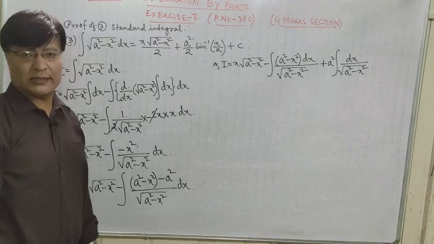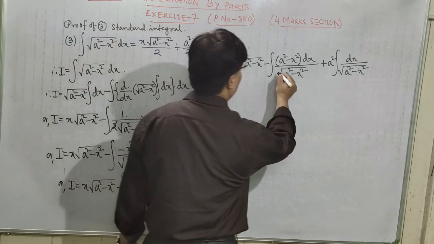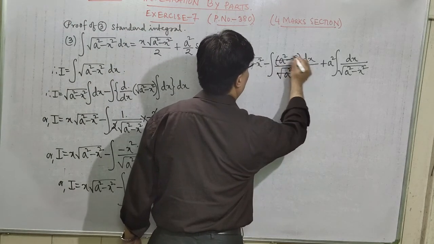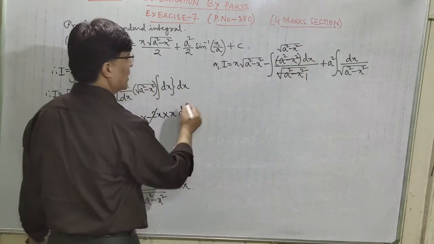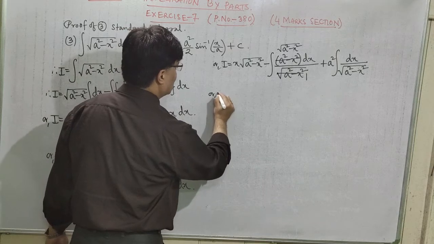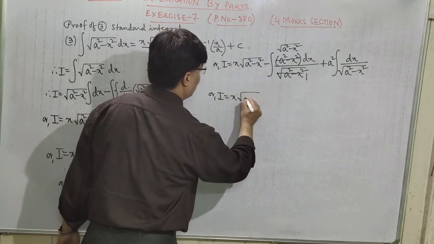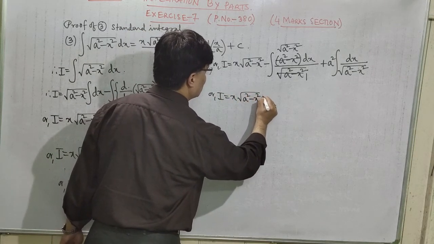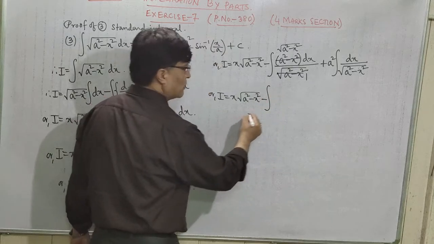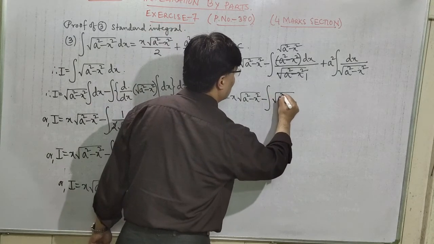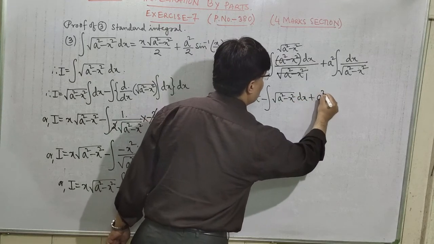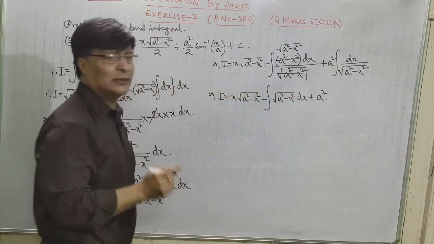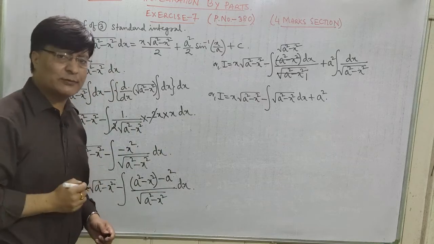So I think you have understood it. Here you can cancel the root over a square minus x square term. So I is equal to x root over a square minus x square minus integration of root over a square minus x square dx plus a square into, now this is the standard integral from the method of substitution.